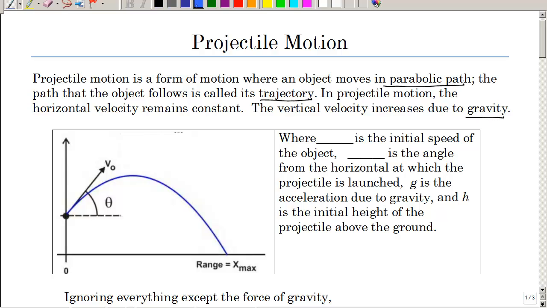So how can we have a vertical velocity and a horizontal velocity? It's because we go back to vectors. Velocity is a vector, and we're going to break it down into its two components.